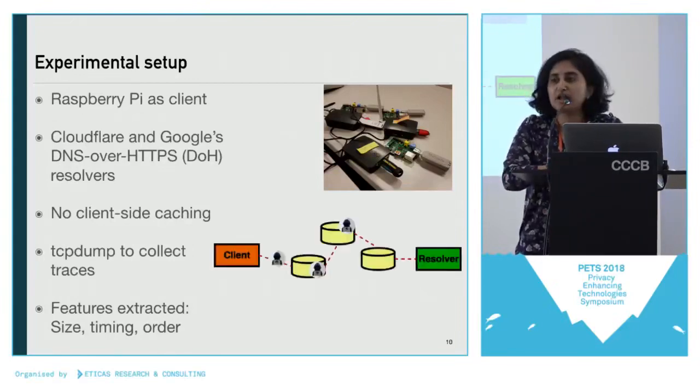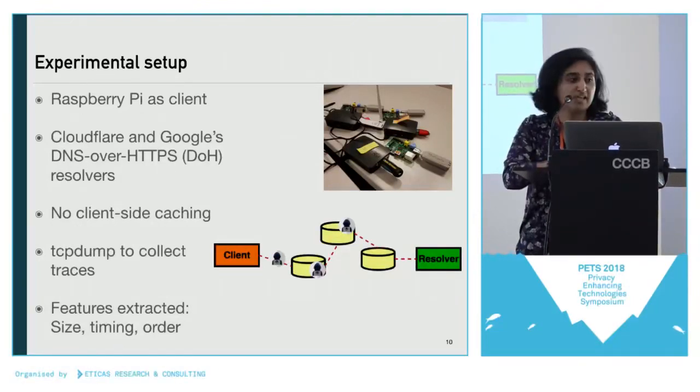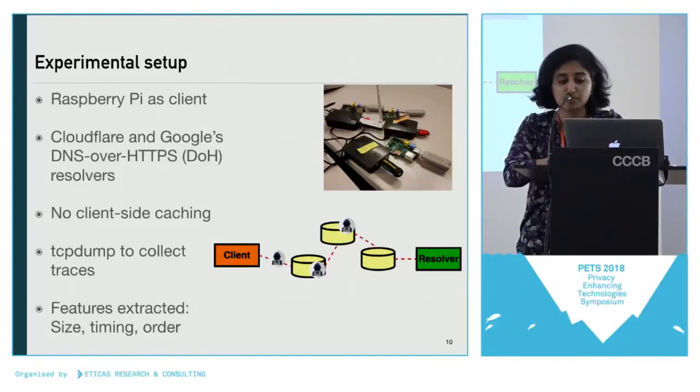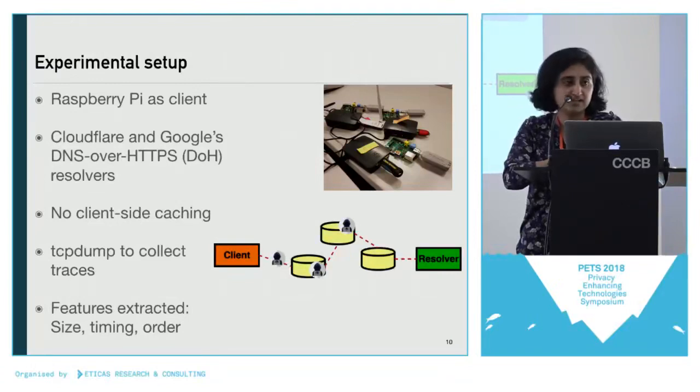Note that even though we are running tcpdump on the client, this kind of analysis can be done by any eavesdropper that is on the link between the client and the recursive resolver. At the moment, we are looking at the packet sizes, the timing, and the ordering, which indicates the directionality of the packets, as features. We also looked at the header information in the TLS headers, but we didn't find anything interesting, so we're not going to include TLS header information in our analysis.